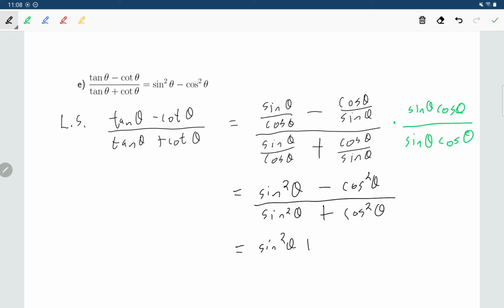So I have sine squared theta minus cosine squared theta over 1, which of course is just the same thing as what you have on the right side of your equation. That is just sine squared theta minus cosine squared theta. So we had originally tangent minus cotangent over tangent plus cotangent, and we've shown that that can be simplified into sine squared minus cosine squared.